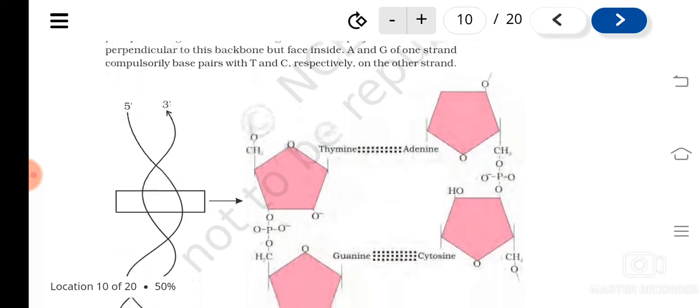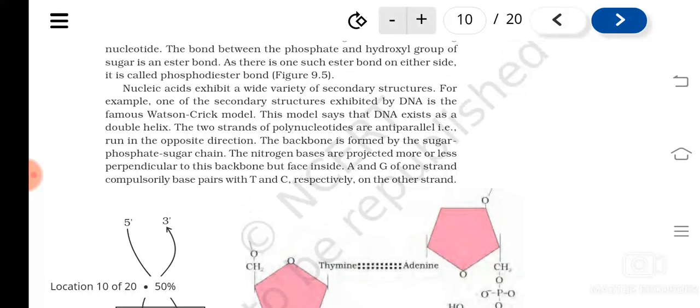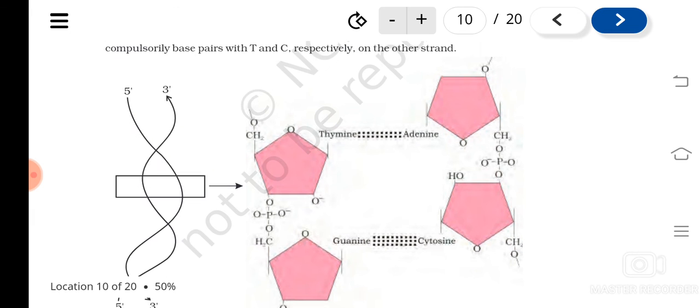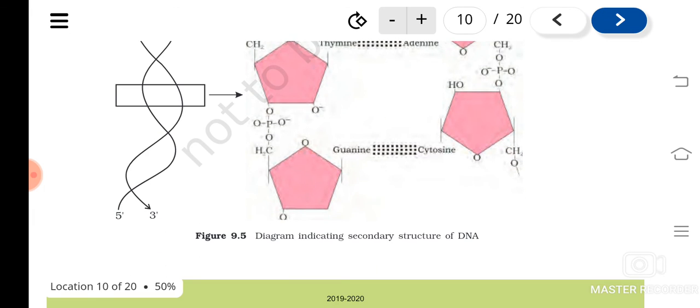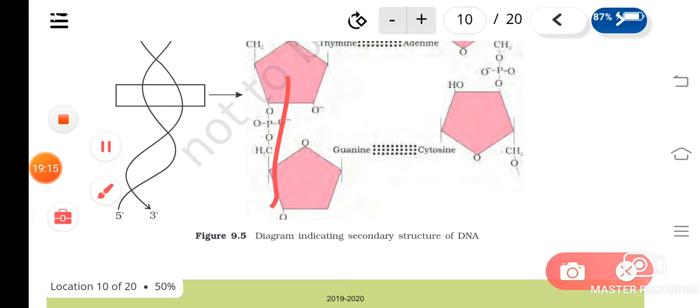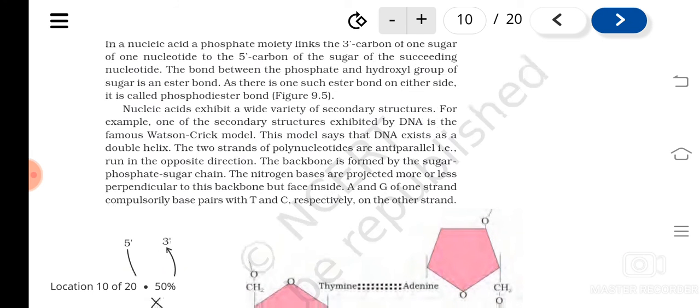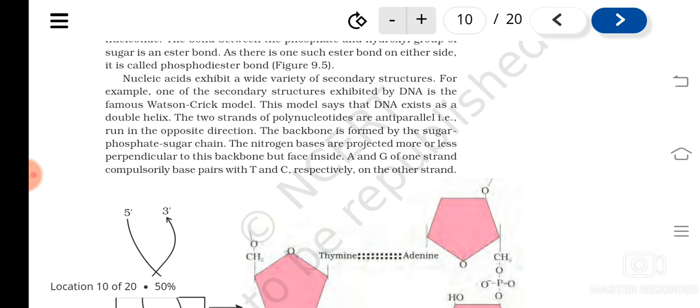So the nitrogen bases are adenine, guanine, thymine, uracil, and cytosine. The sugar and phosphate form the backbone, or the strand, and the nitrogen bases are found inside the chain, projecting perpendicular to the backbone.